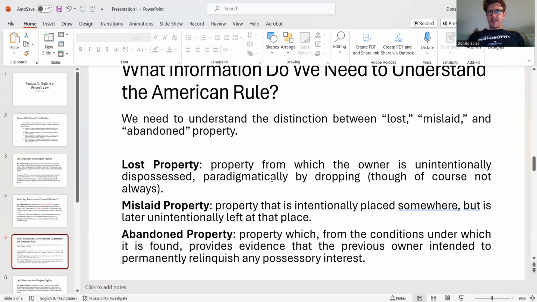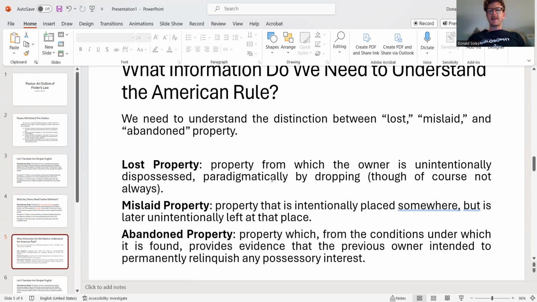In other words, it left you in a manner you knew not how or when. And although we're usually unintentionally dispossessed of things by dropping them, it's not always the case. Sometimes they might fly out of your pocket. But usually, when we use the term dropping to describe the way in which something is lost, this is going to fall under the legal category of lost property.